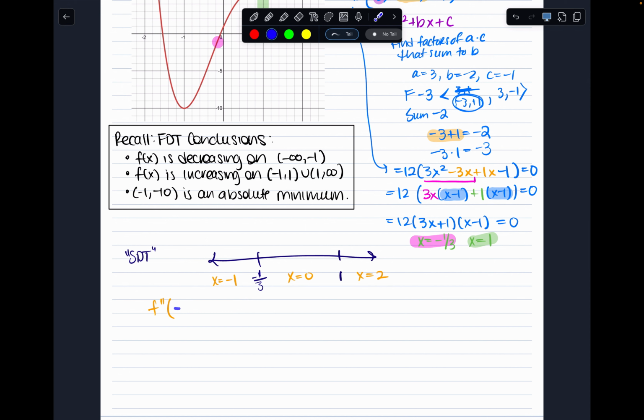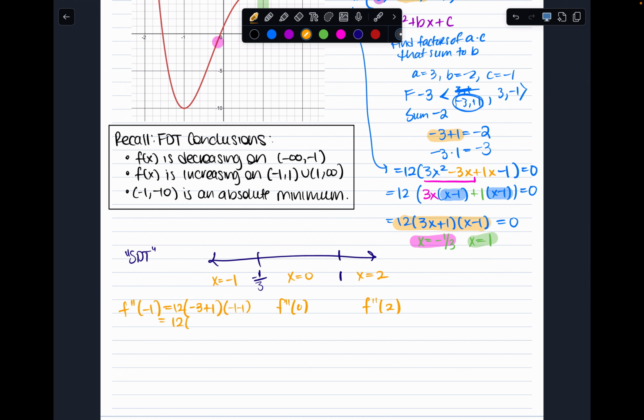We're going to plug these values, -1, 0, and 2, into the second derivative. So what we have for the first test point is 12 times -3 plus 1 times -1 minus 1.